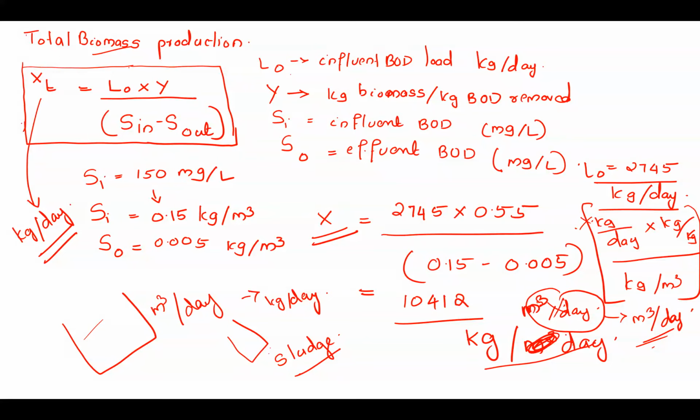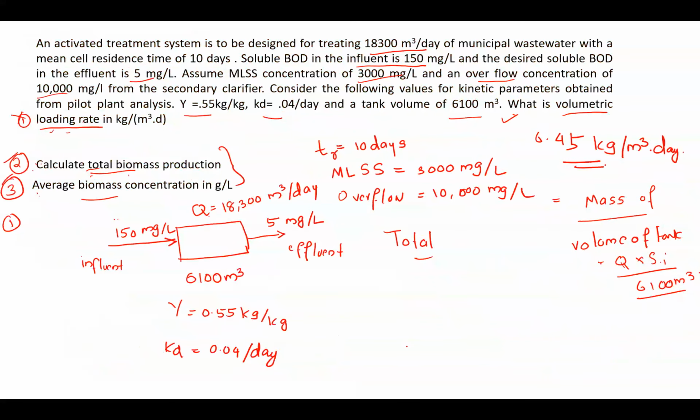So this is X, the total biomass production, which we got in kg per day. Then you have to calculate the average mass flow concentration.